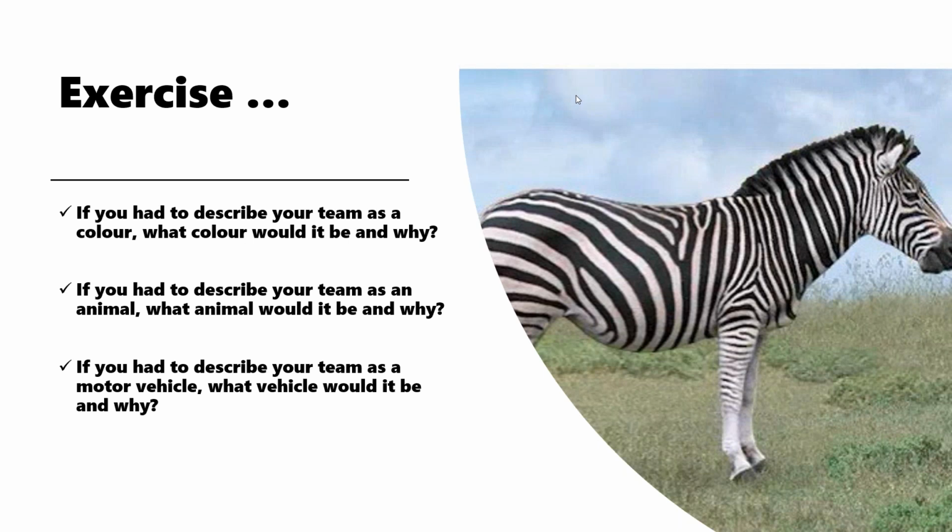So they might say a horse, we're reliable, we get things done, we move in a predictable direction and so forth. And the final question you might ask is, if you had to describe your team as a motor vehicle, what would it be and why? And of course, again, they can pick whatever they choose to pick, and they have to give a reason why.